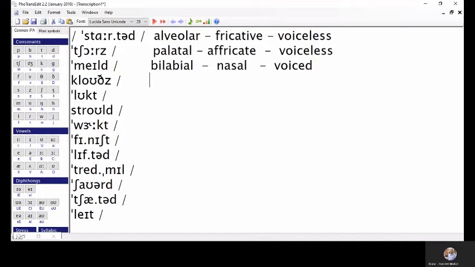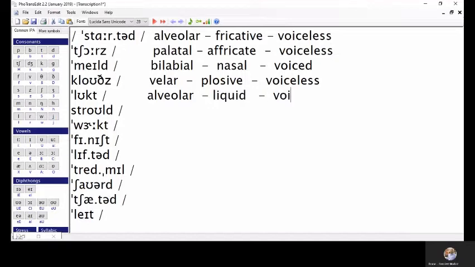The following, k, as in clothes, is a velar sound. It's a plosive sound and it's voiceless. The next one, l, in looked, is an alveolar sound, is liquid and it's voiced.